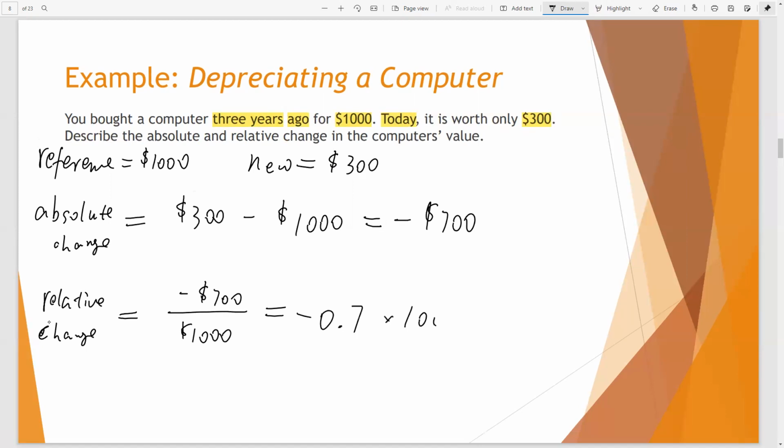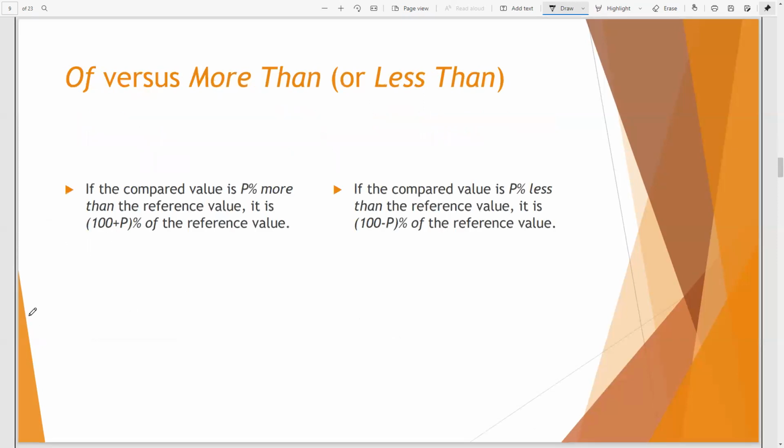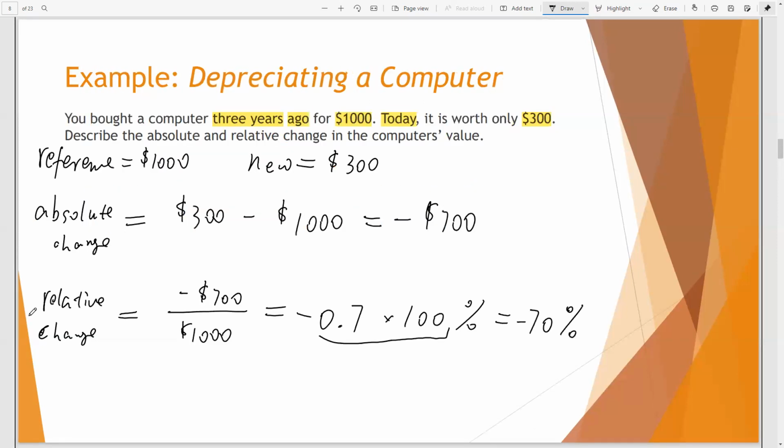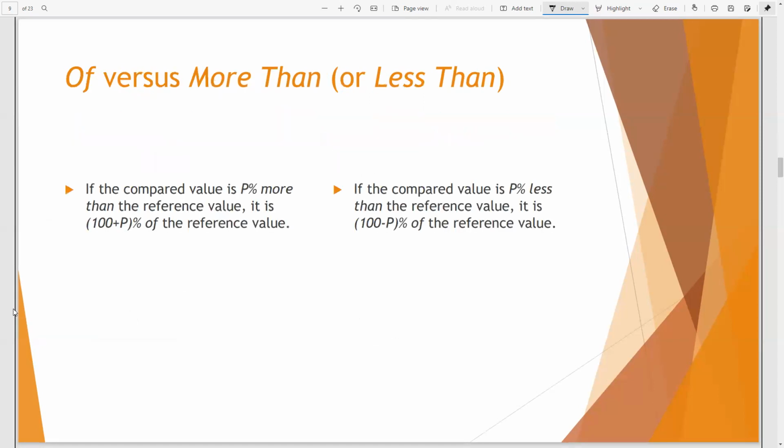You multiply that by 100%, 0.7 times 100, that's 70. Right, so the value is decreased by 70%. All right, so that's the percentage change and its application.